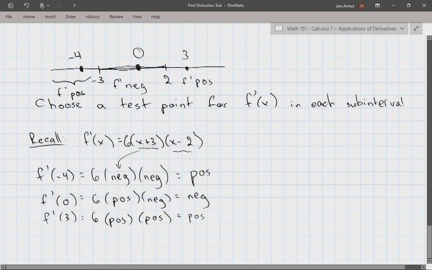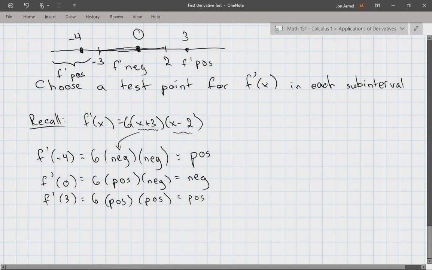Okay, so now I'm going to look at my number line, and I'm going to say, by the first derivative test, at x equals -3, the derivative changes from positive to negative, which means my function goes from increasing to decreasing. So f has a local max.